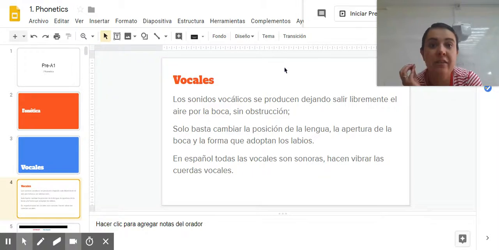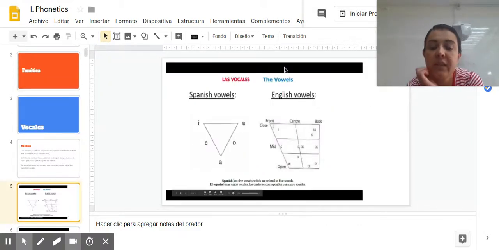The only thing we do to make these sounds is change the position of our lips, either very open or very close, and move just a little bit the position of our tongue. That's it. Let's look at this diagram and you're going to see the difference in the sounds of the Spanish vowels and the English vowels.